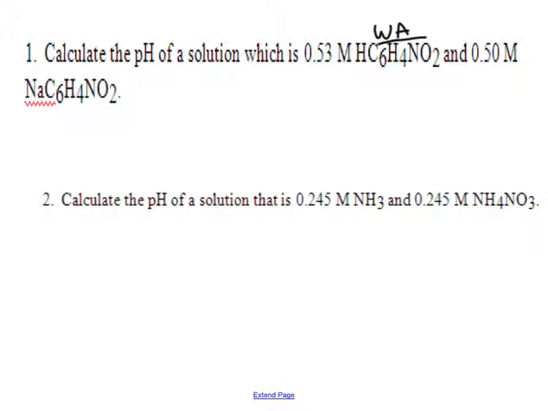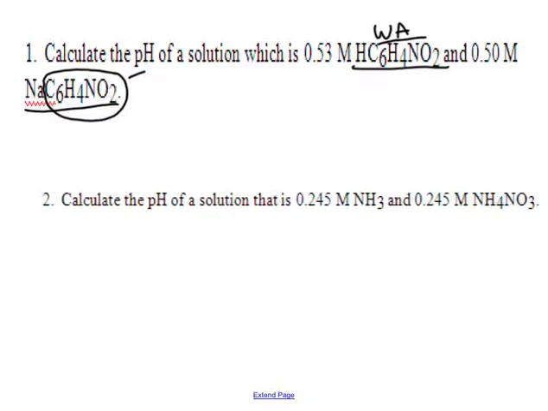So here we have a weak acid. Now, I know we have a salt here, but this is not a hydrolysis problem because you've got your weak acid, and what is included in that salt? The ion that, can you tell me about that ion? It's the conjugate base to this.